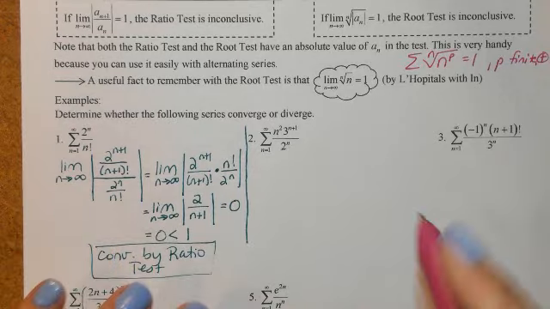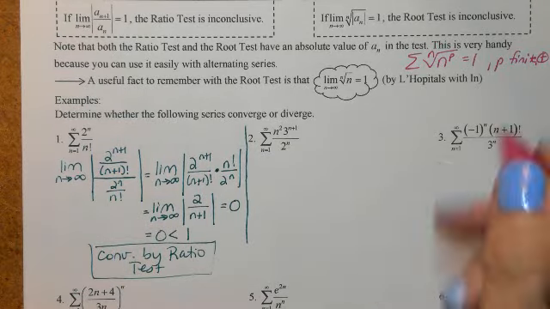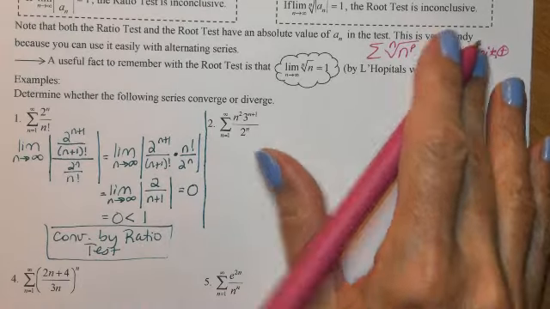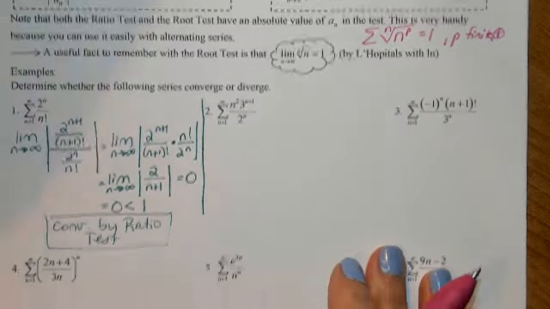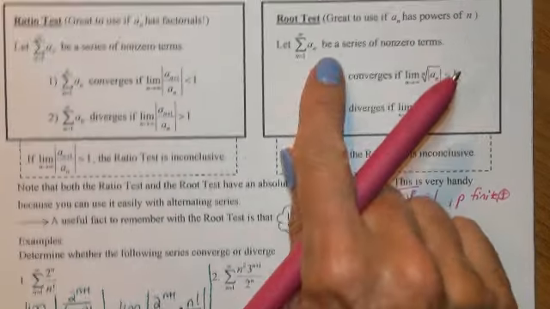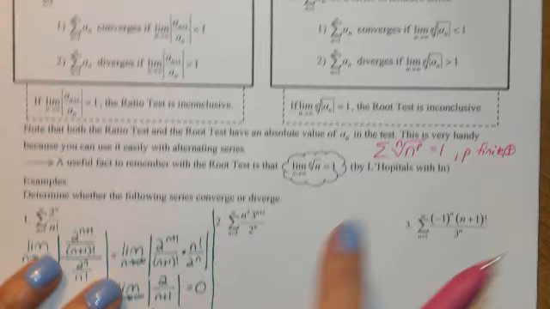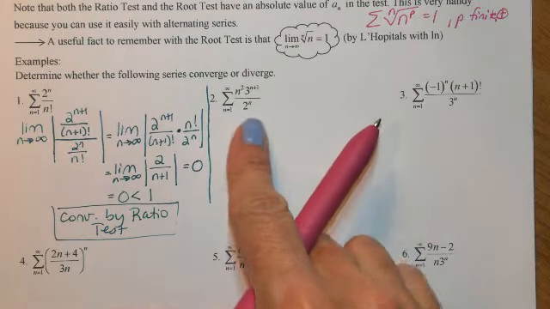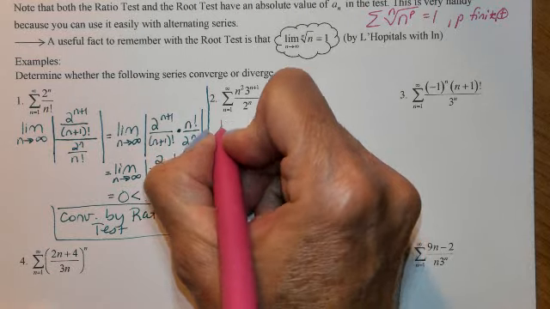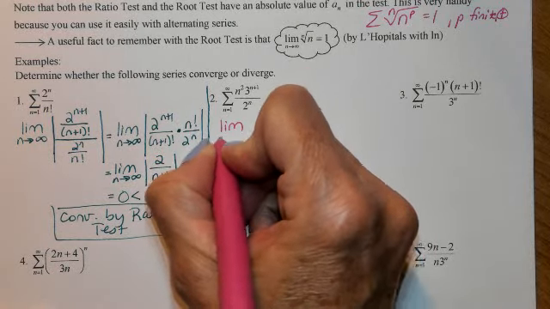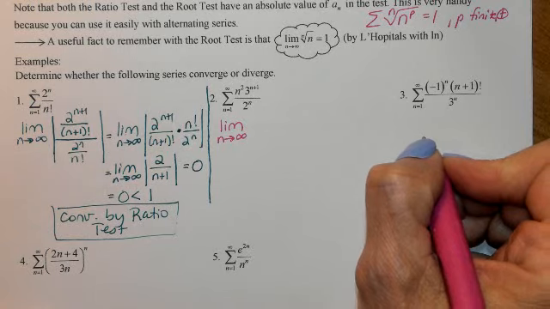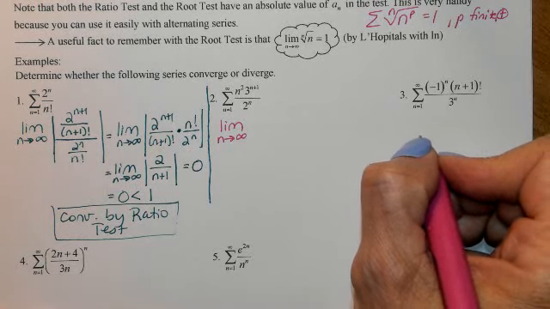So, root test. Again, there are no conditions. We just dive in. Well, the condition is that they're non-zero, but there are no 0 terms in here. So we're going to dive in and use the root test. The root test also has a limit. So start with your limit.